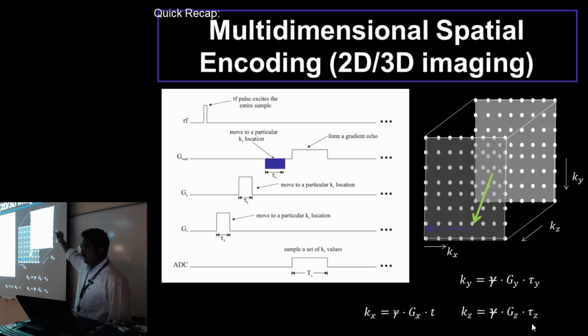If you want to go back, you just apply a negative ky gradient, and then you're back to your region, to this point approximately. If you apply a negative y gradient along this, just as a bipolar gradient, you would come here and then go back. That's how you're traversing the K-space.